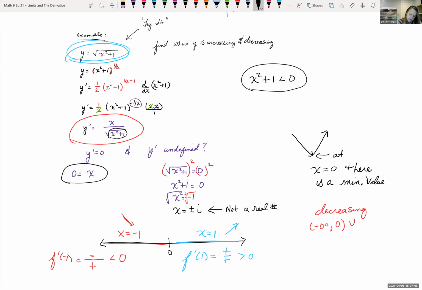And increasing, because I wanted us to find where it was increasing also, we can write that out: from 0 to infinity. So again, we could start putting this together to graph this function and get a general idea of what it looks like.